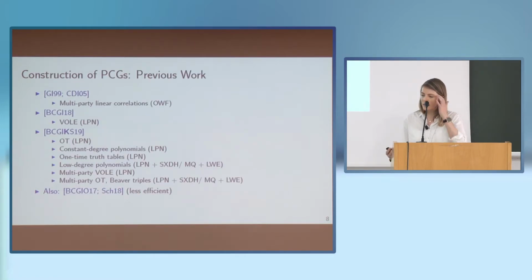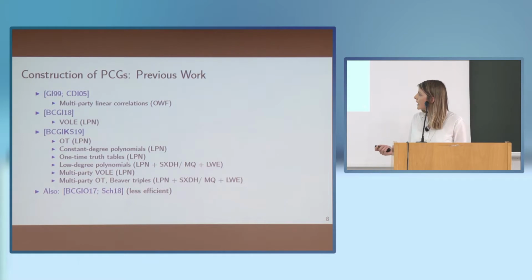There has been a line of constructions of PCGs more broadly: for very simple correlations, like multi-party linear correlations, actually already 20 years ago, and more recently for all kinds of correlations from different kinds of assumptions.